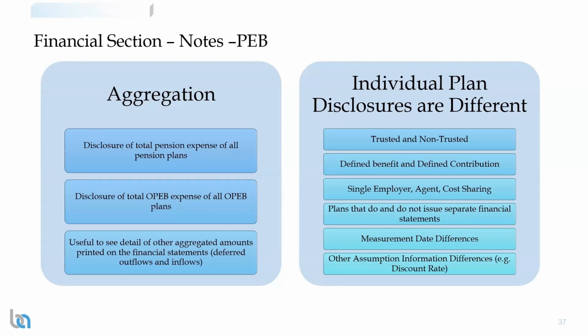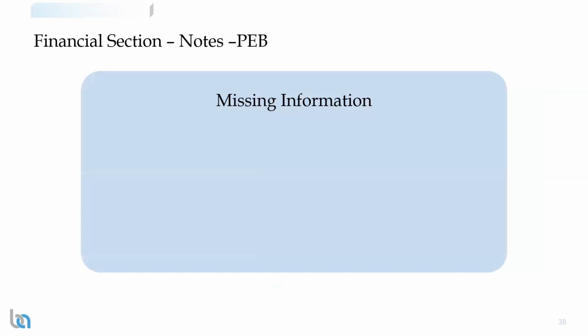There may be similarities in certain cases that you can consolidate, but keep in mind that trusted and non-trusted disclosures will be different. Defined benefit and defined contribution will be different. Also whether plans issue separate financial statements, what the measurement dates are, and so forth. I know you want to try to simplify this disclosure as much as possible, but keep these things in mind to make sure that you're disclosing all the required elements for pension and OPEB. All right.